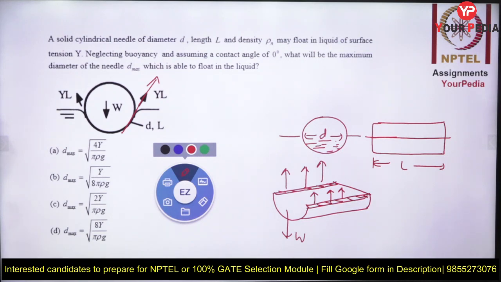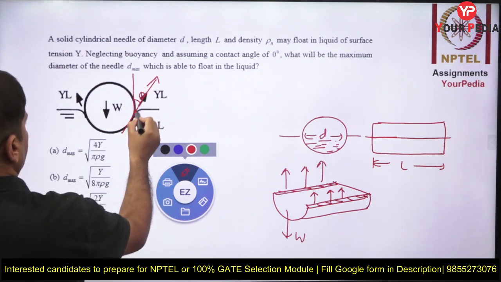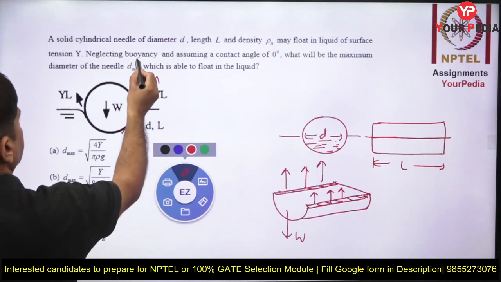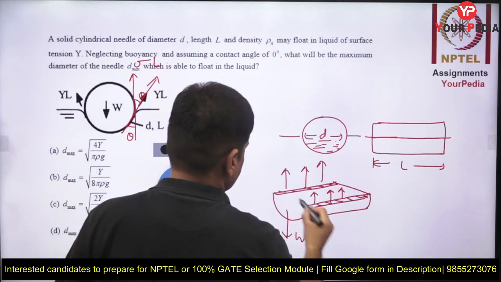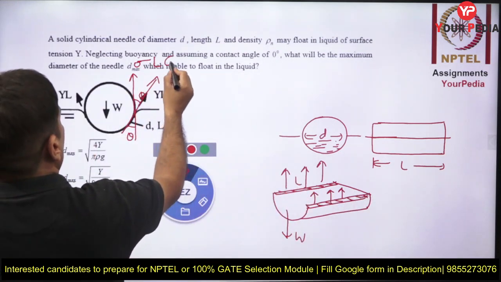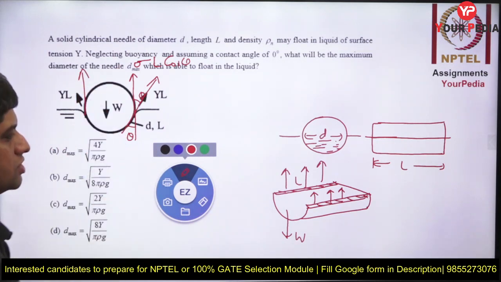Now if we take that particular component, let us say this is the angle of contact theta, between surface and liquid, and this is sigma, the surface tension, and this length is L. So L into sigma into cos theta acts upward, and one side is this also. So there are two sides.